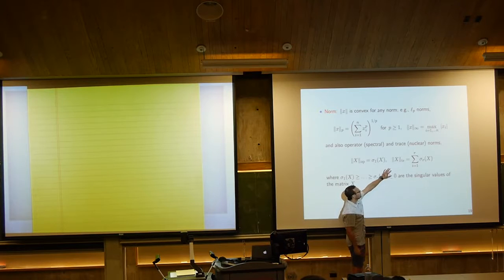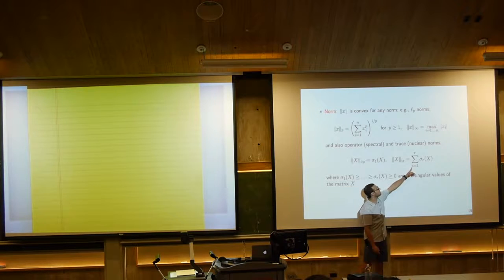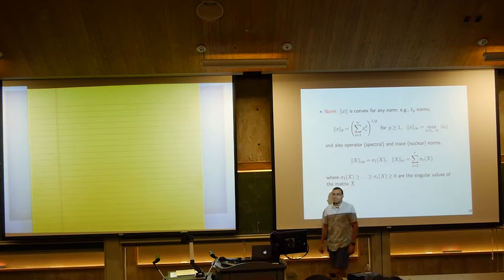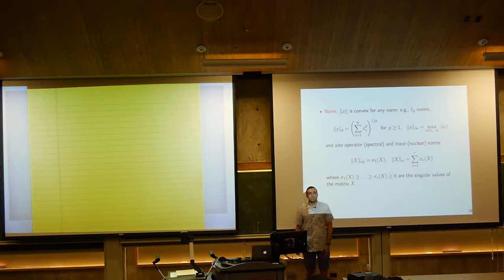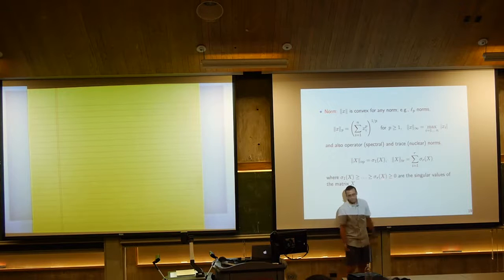So the trace norm is our other go-to norm for matrices, and it's defined as the sum of the singular values. Here R is the rank of the matrix X. So X has R non-zero singular values. That's another way to look at the rank. And the trace norm is the sum of the singular values.